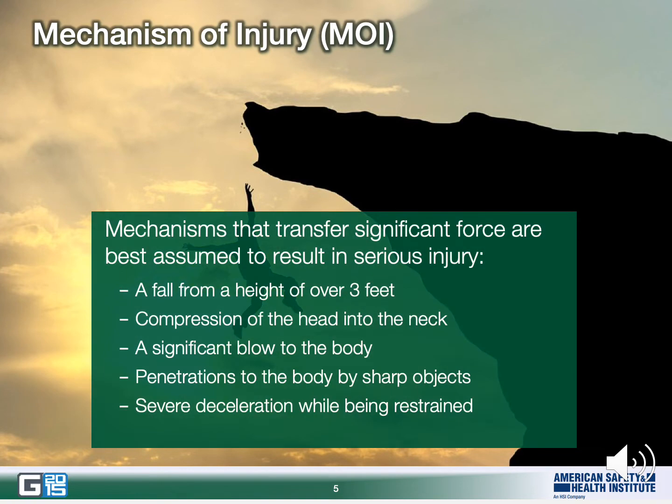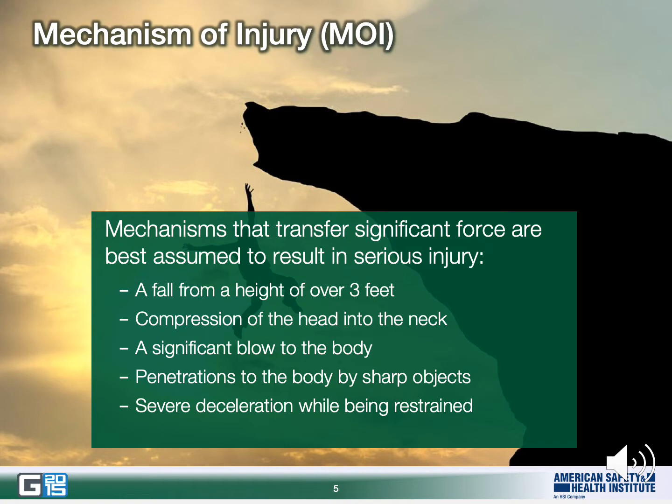So mechanisms of significant force are best assumed to result in serious injury. A fall from a height of over 3 feet, compression of the head into the neck, a significant blow to the body, penetration to the body by sharp objects, or severe deceleration while being restrained.